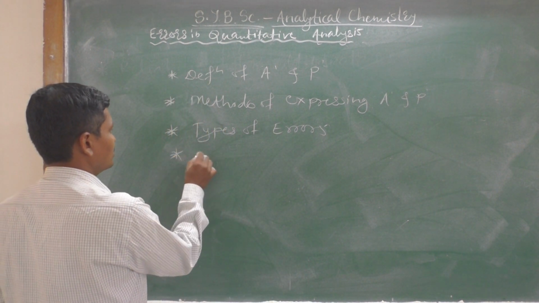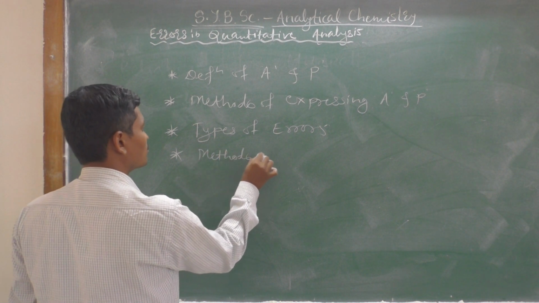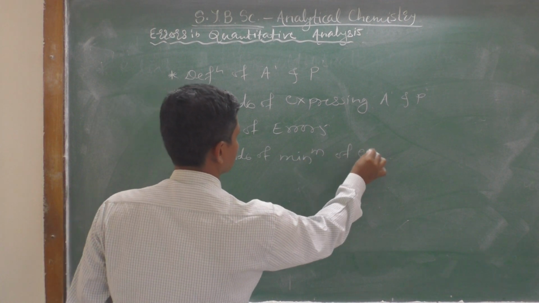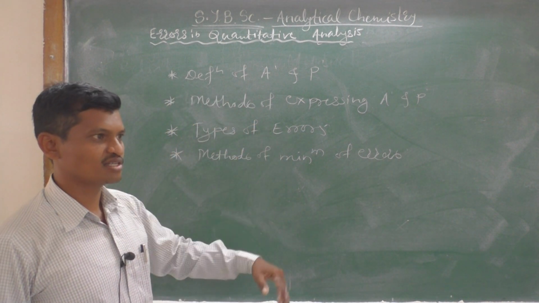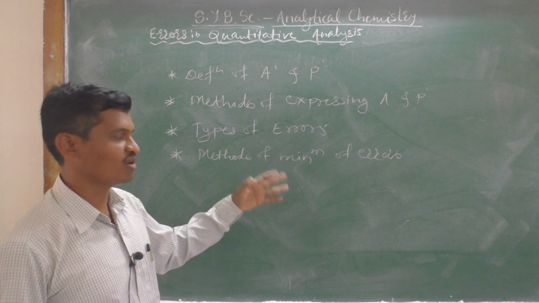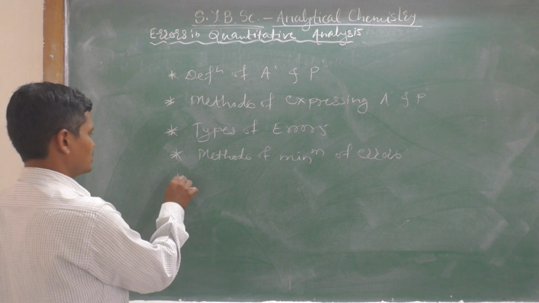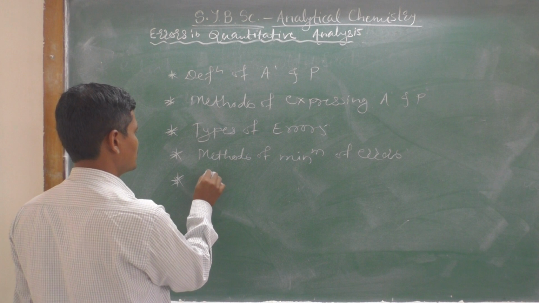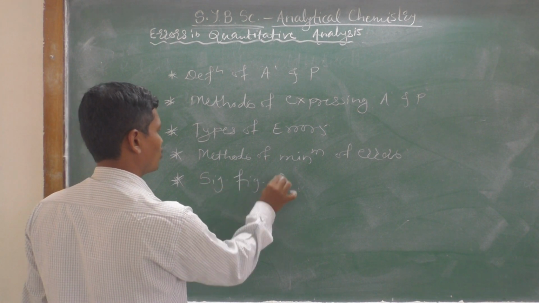After that we saw the methods of minimization of errors. In that we saw a number of different methods, how to minimize and eradicate these errors. The next one is the concept of significant figures and computation.